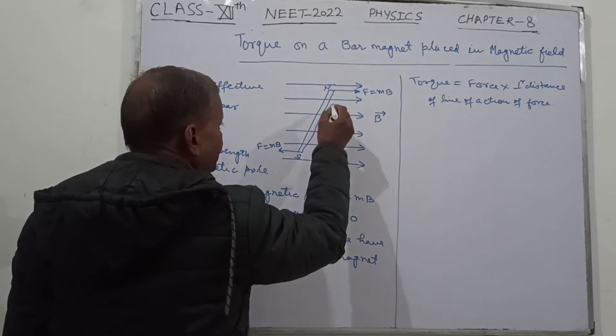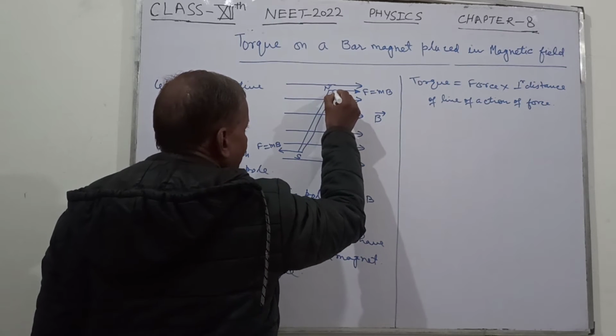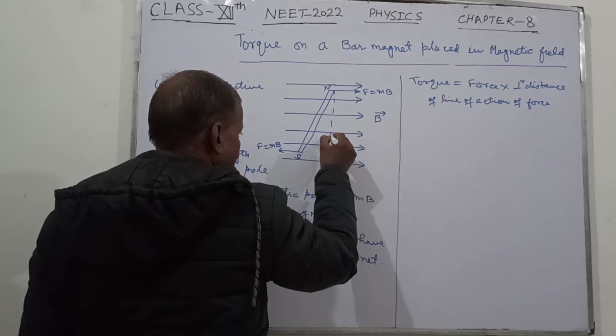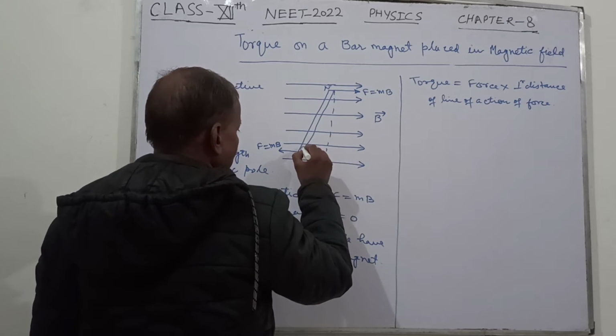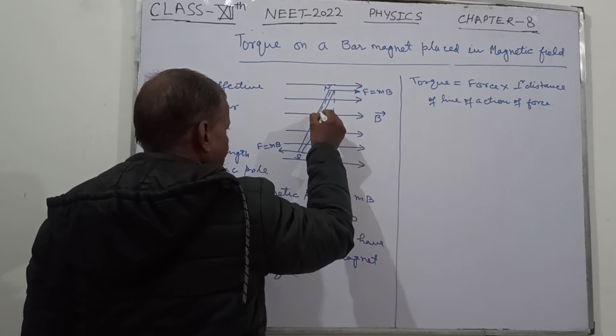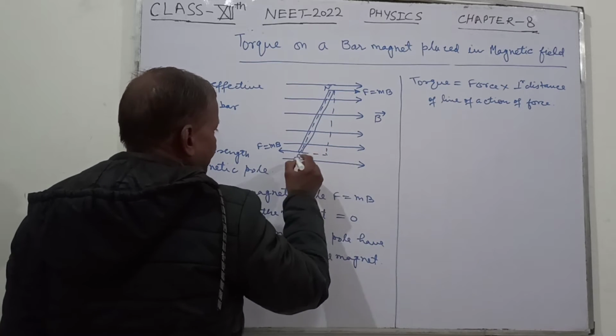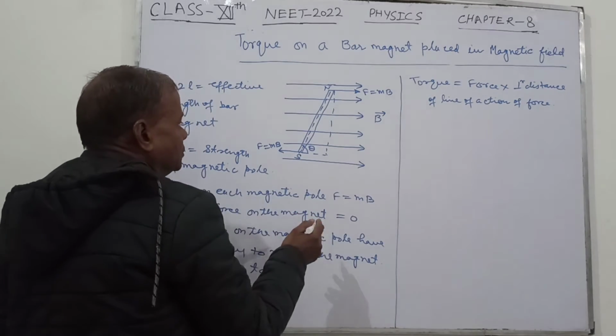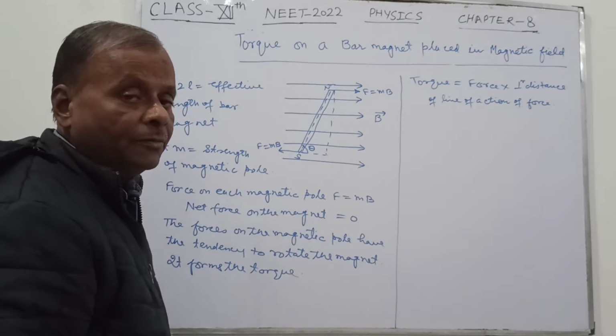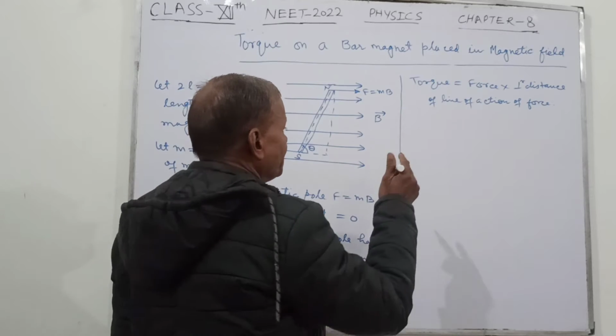So now let us make a right angle triangle like this. This is the axis of the magnet and it makes an angle theta with the direction of the magnetic field.